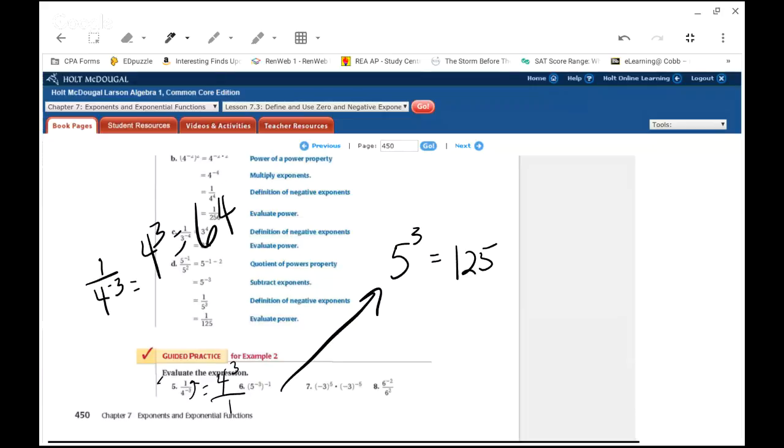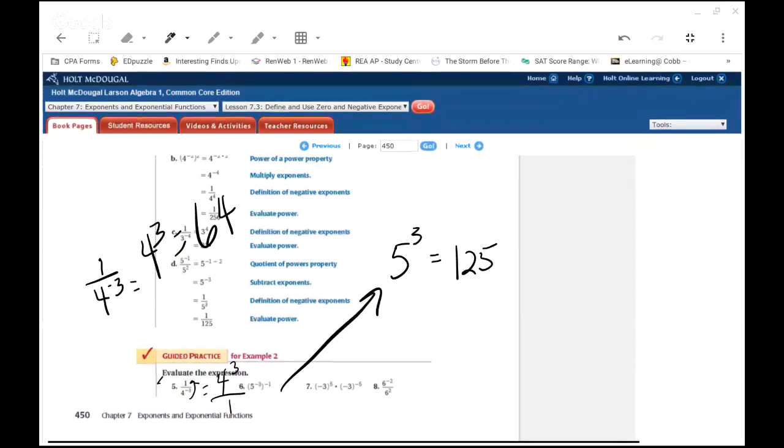All right. On number 7, we have the same bases raised to powers, and they're being multiplied. So with the same base being multiplied, what do we do with the exponents? You add them.